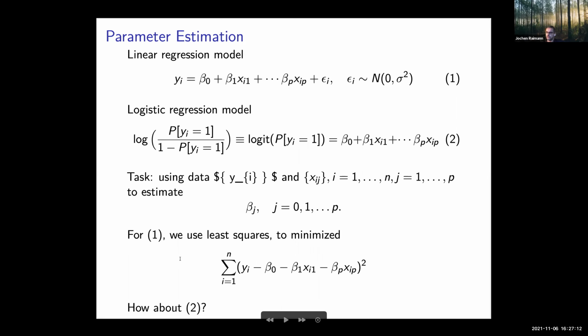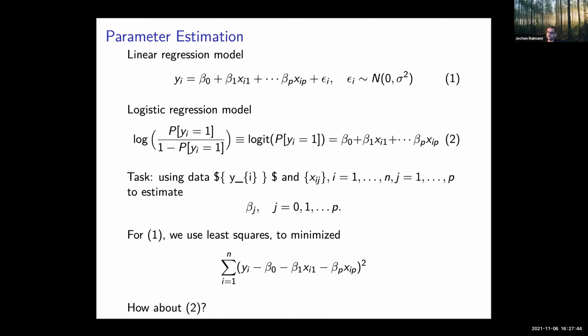For this equation, we can use least squares to minimize our sum of residual differences between the estimate and the predicted estimate. This difference is essentially squared, summed up, and you want to minimize it to find the optimal coefficient setting for all your entries in your data.